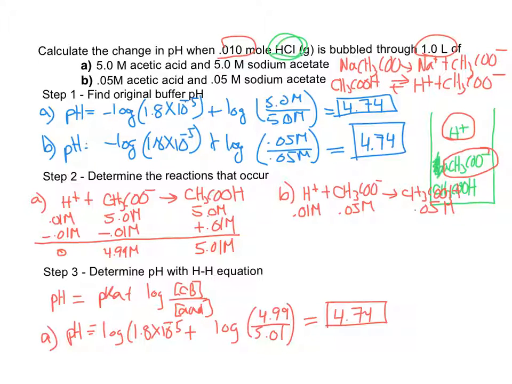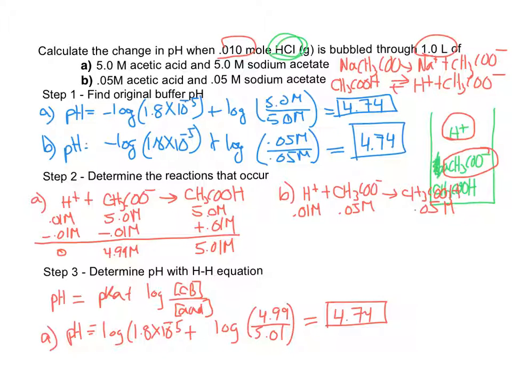Okay, I'm going to do the other one. I'm going to do it in blue here. So, I said that I have 0.01 moles of my H pluses, 0.05 molar of both of these. Let's compare these. Which one's my limiting reactant? Still the H plus.